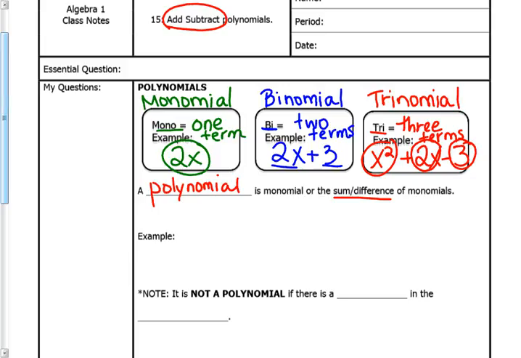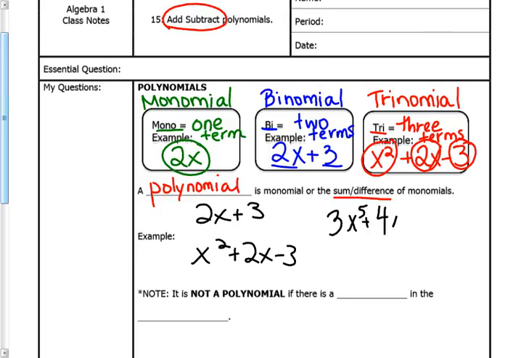Okay, so all of these can be polynomials. We had 2x plus 3. We had x squared plus 2x minus 3. We could even have more than three terms. So if we had something like 3x to the 5th plus 4x to the 4th, and this continued to go on, obviously there's more than three terms here, right?